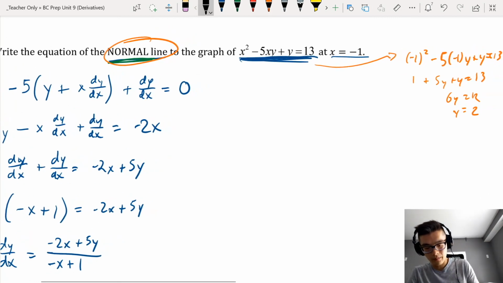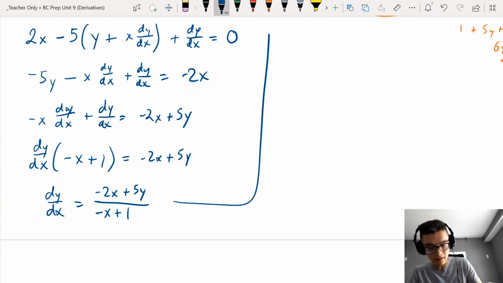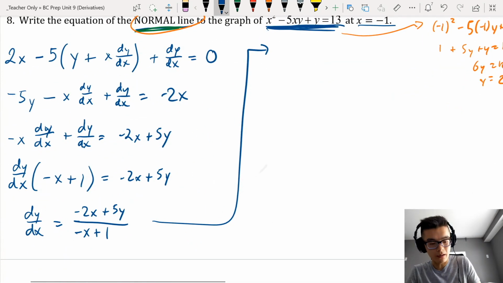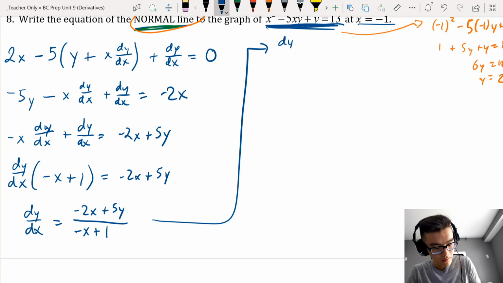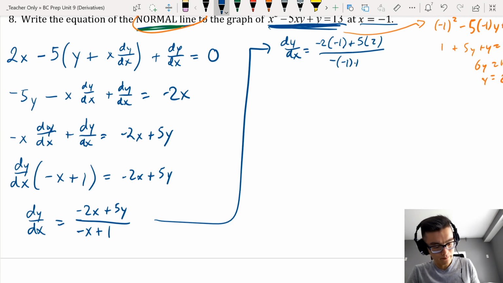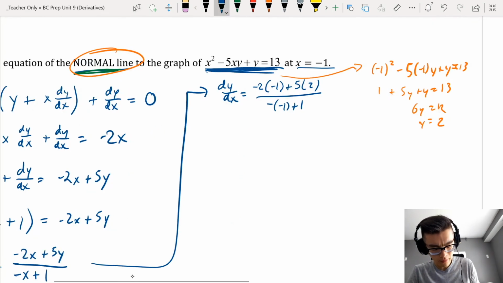So that means here, we can just go ahead and plug that in. We therefore know dy/dx is equal to -2 times -1 plus 5 times 2, over -1 plus 1. So we're left with 2 plus 10 over 2, which then leads us to 12 over 2, which is 6.